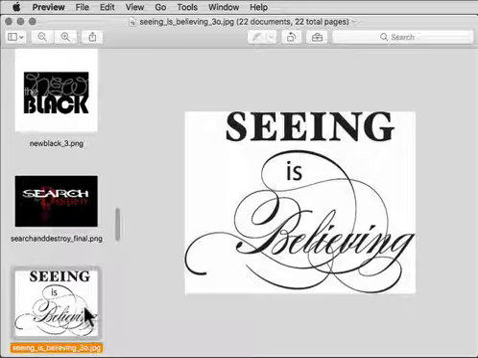Here's an example where it's not working so well, and I put this in for a reason. And the reason is that the word "seeing," right? It's using a standard text-based typeface, which would be something like Times New Roman or Baskerville or Bookman or something like that, or Cooper.